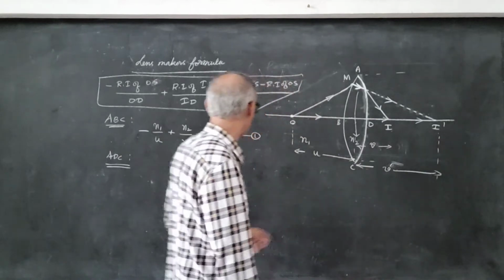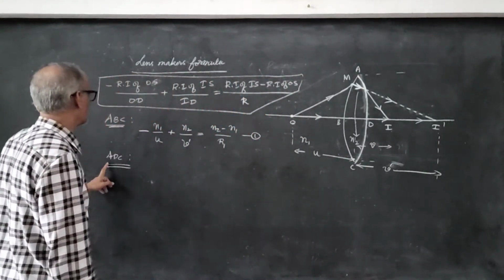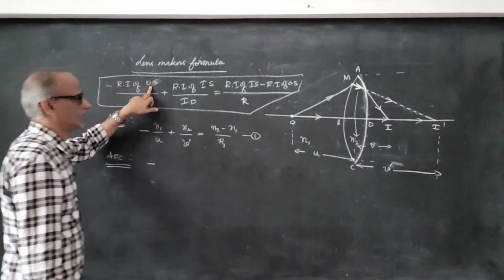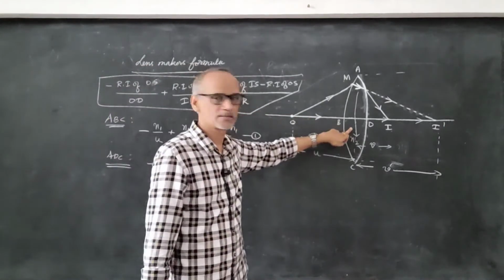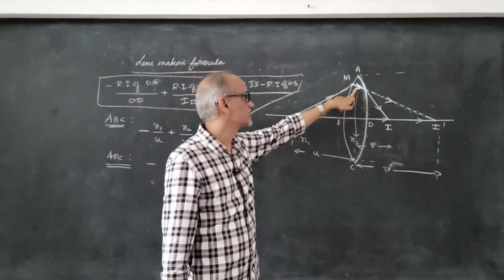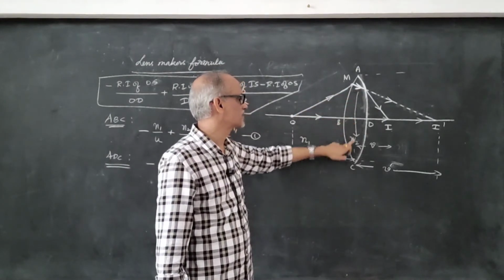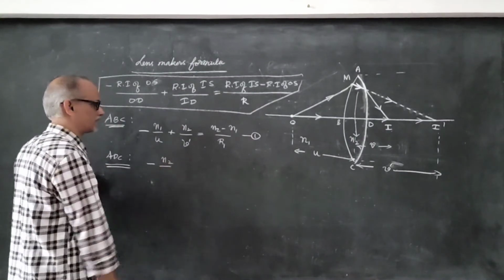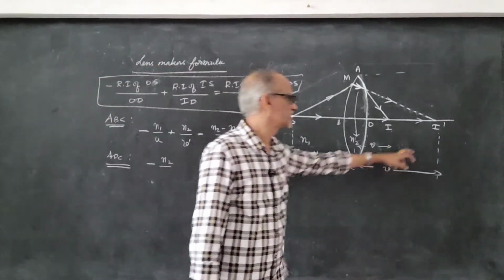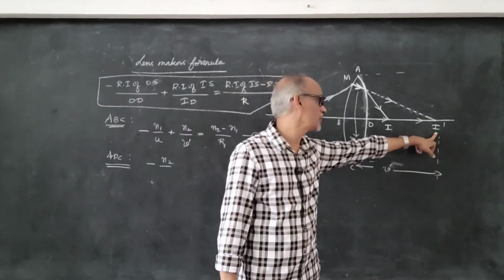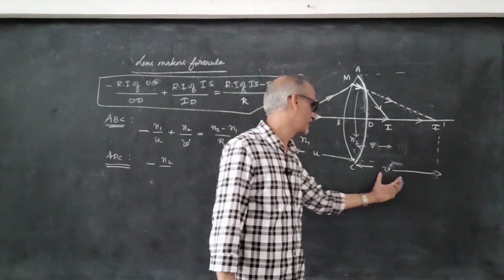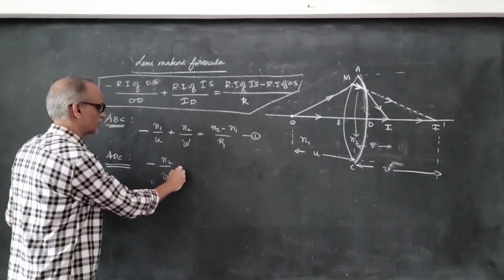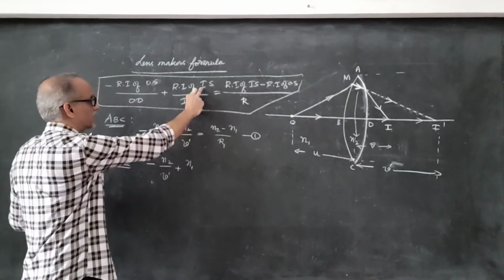I dash acts as a real image for refraction through the first surface, and for the second surface, it acts as the virtual object. So now, refraction through the second surface: minus refractive index of object space. Object space is this, because here there is an incident ray. Since this is the object space, N2 is the refractive index, divided by, which is the object now? Object is I dash. What kind of object? Virtual object. So what is this distance? V dash. So minus N2 by V dash plus refractive index of image space.